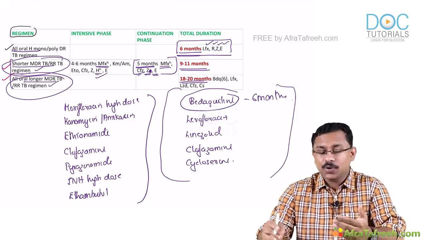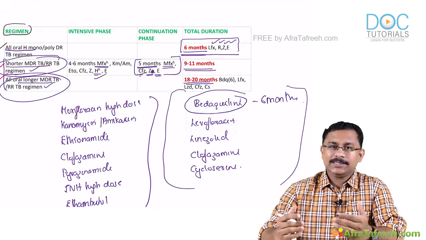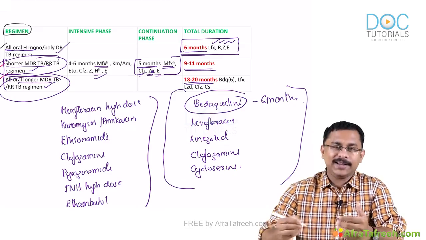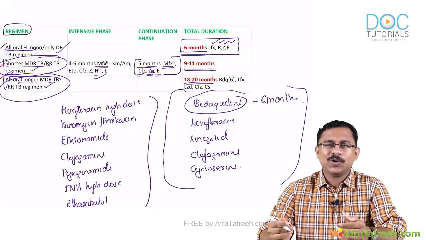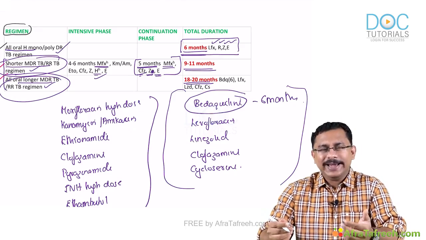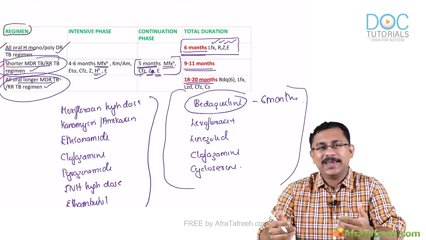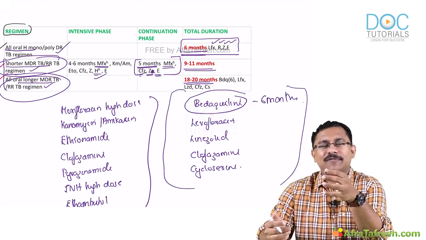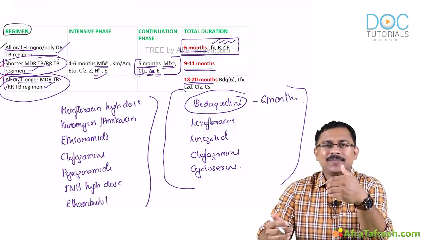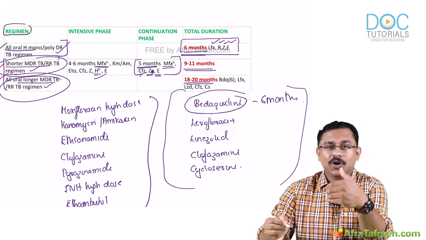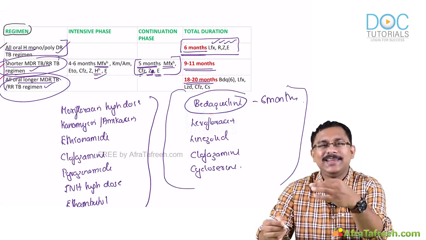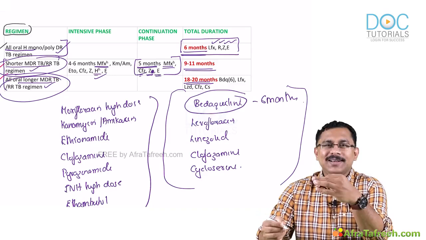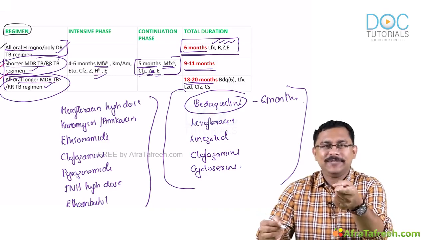In some cases, suppose you are going for the first regimen, the INH monoresistance, and you find that the patient is remaining sputum positive after the 5th month of starting this regimen, you might have to prolong the intensive phase.